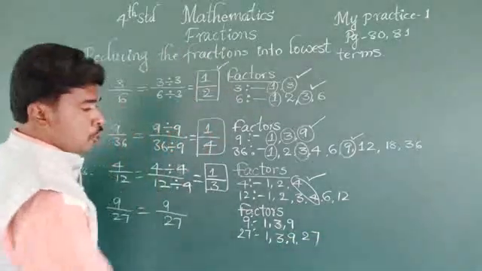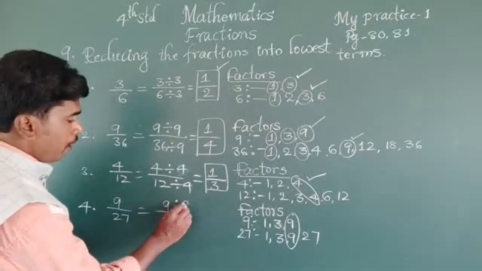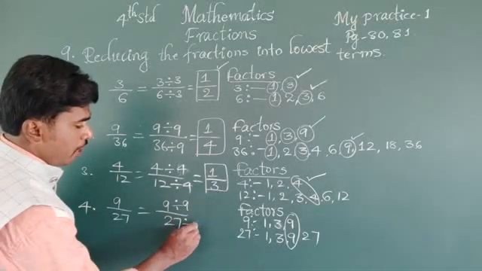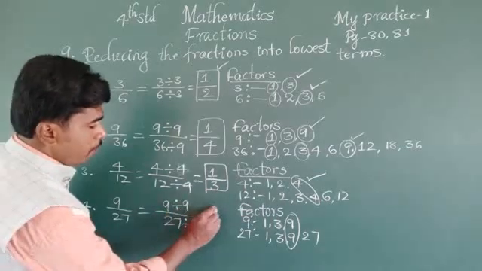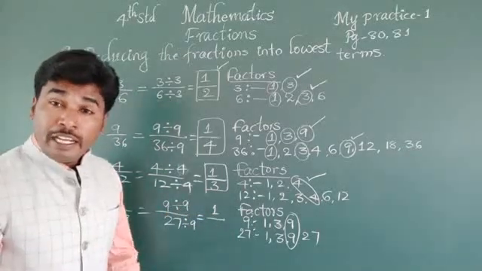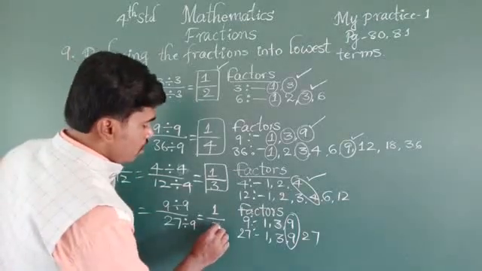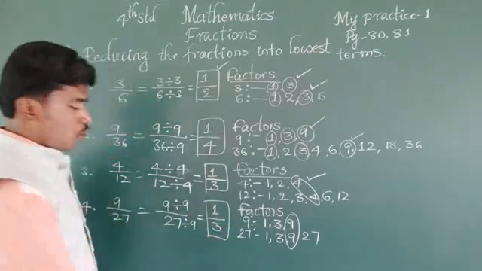Which is the highest common factor? 9. So 9 divided by 9 and 27 divided by 9. So 9 divided by 9 is 1 and 27 divided by 9 is 3. How many times do you get 27? 9 3s are 27. So 1 by 3.